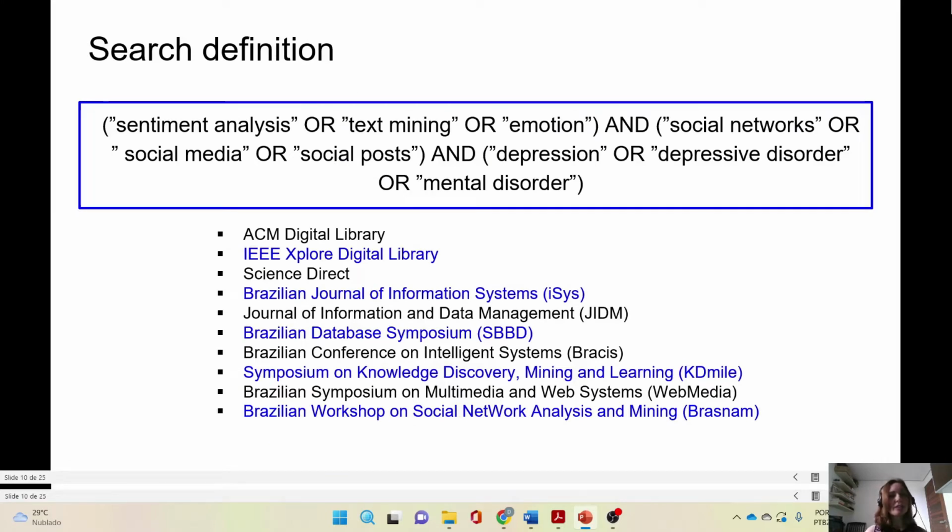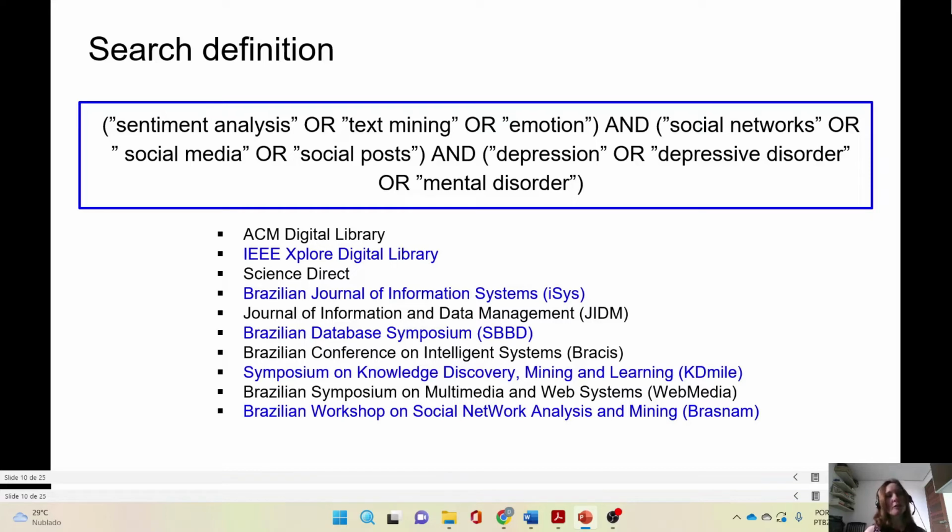So, our search definition has been done by accommodating the string we would use to search and define our digital libraries to be used for our research.